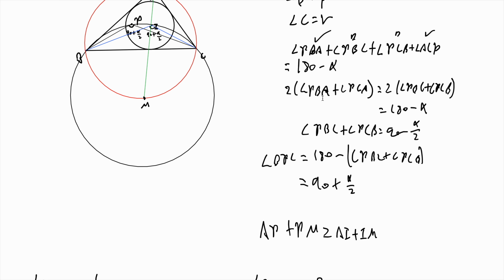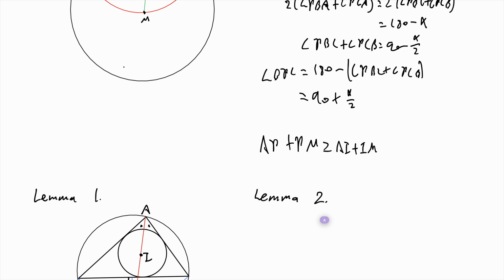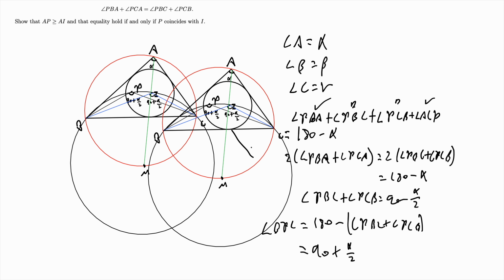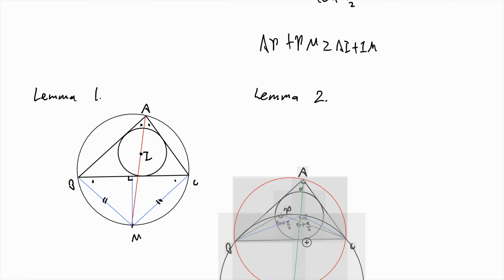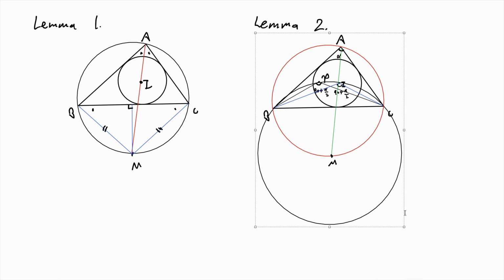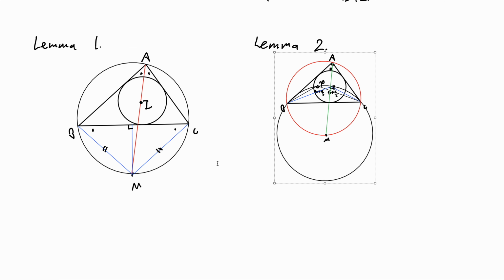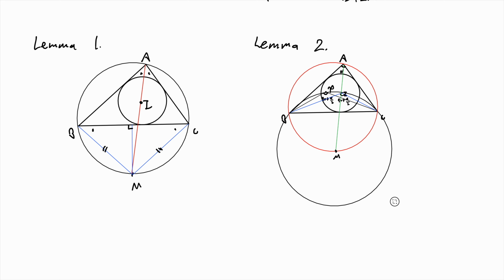So our lemma is that M is the center of this circle. That's our lemma. I'll just quickly copy and paste the diagram, like this, and make it a bit smaller or bigger.